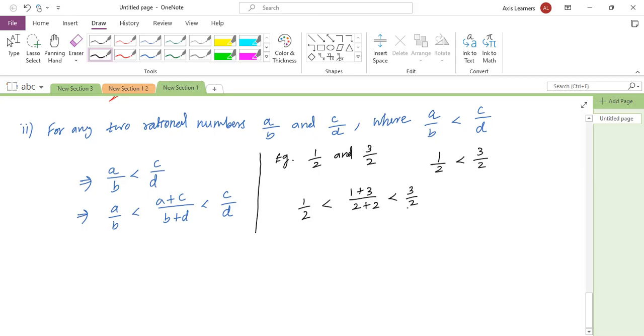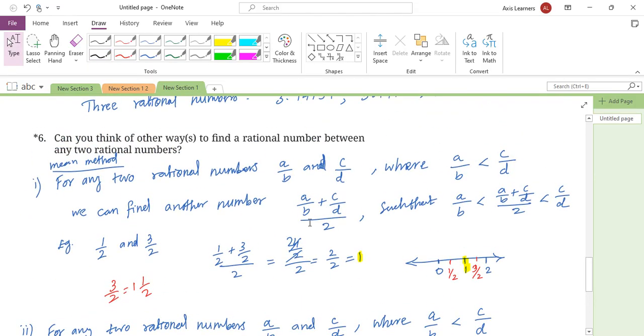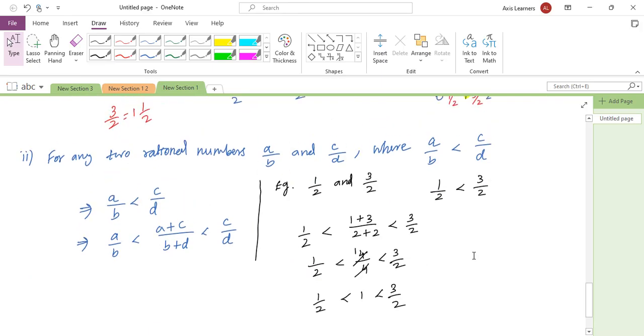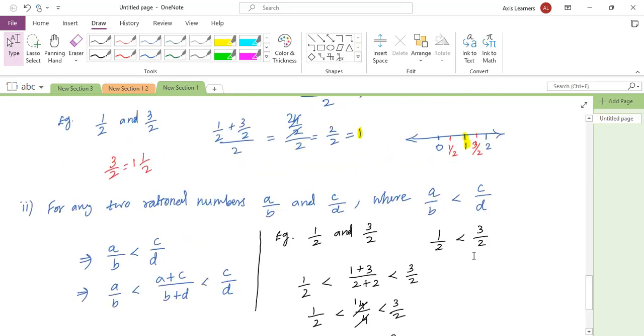What will happen here? This will be 4 by 4. 2 plus 2 is 4. If you cancel this, it will be 1. 1 by 2, 1, 3 by 2. So this is also similar to this. Look at here, the same answer we got. This is the median method.